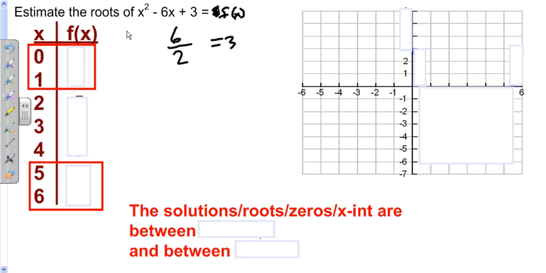Take 0, plug it in. Take 1, plug it in for your x. Take 2, plug it in. Take 3, plug it in. Take 4, plug it in, and so on. Plot your points in your graph.